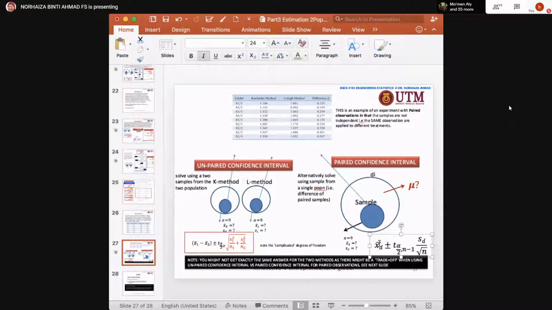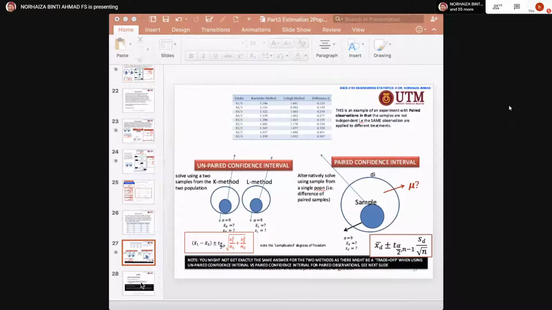But here it's not x1 or x2, it's the difference, because your observations are the differences. And you solve it just like what you normally do.